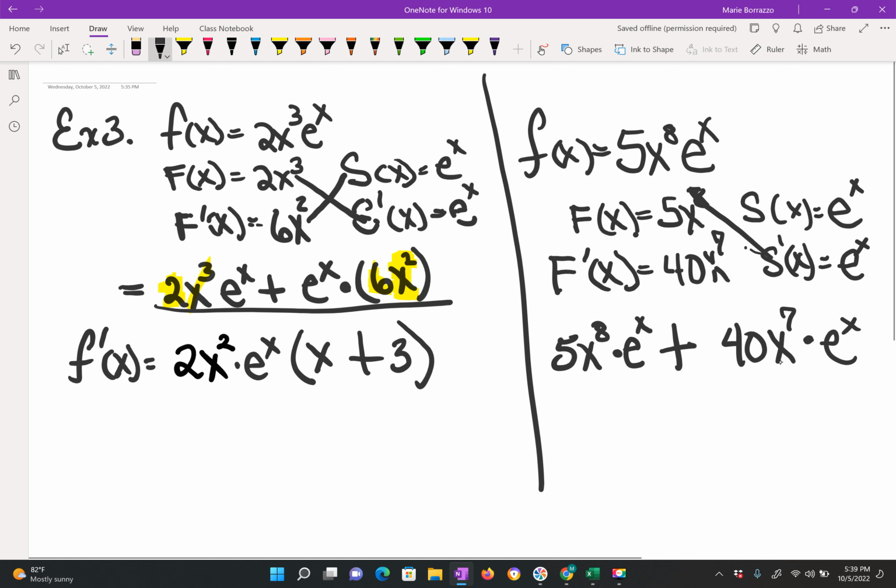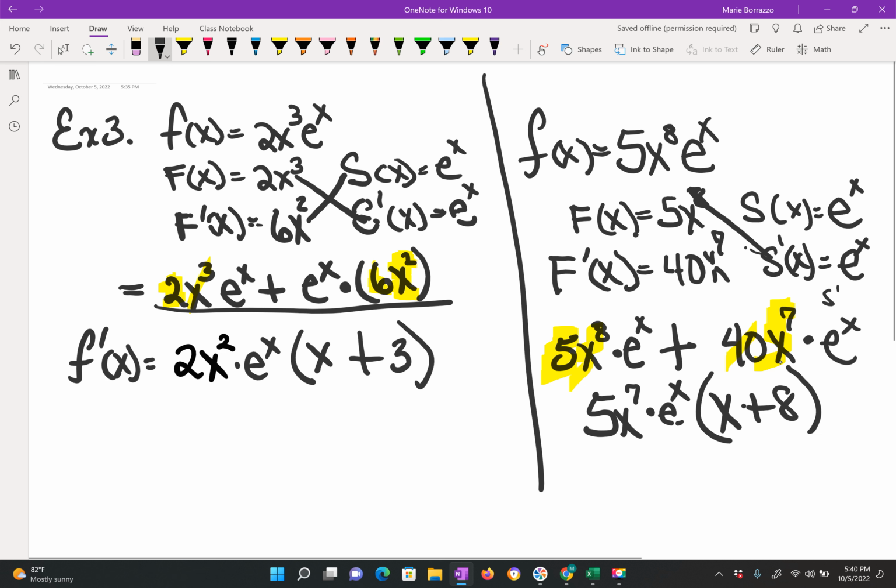Because remember, this is technically the derivative part. What is common to both, if you look carefully? You have the 5 goes into 40, x to the 7th goes in here also. So let's take out the 5x to the 7th times e to the x, so they both have an e raised to the x, and this leaves you with x plus 8.